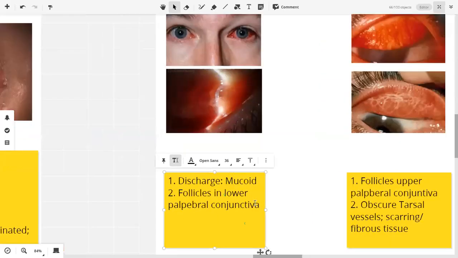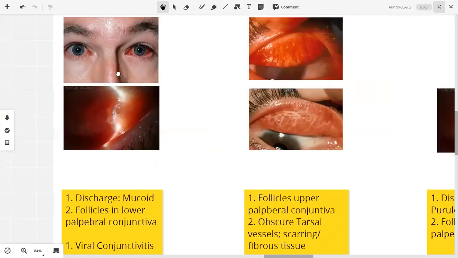Viral conjunctivitis. So our first patient has viral conjunctivitis. Viral conjunctivitis we will study later on in our further sessions. So why is this viral conjunctivitis? Because the discharge is mucoid, and secondly, there are follicles in the lower palpebral conjunctiva. So we have two important signs of viral conjunctivitis.